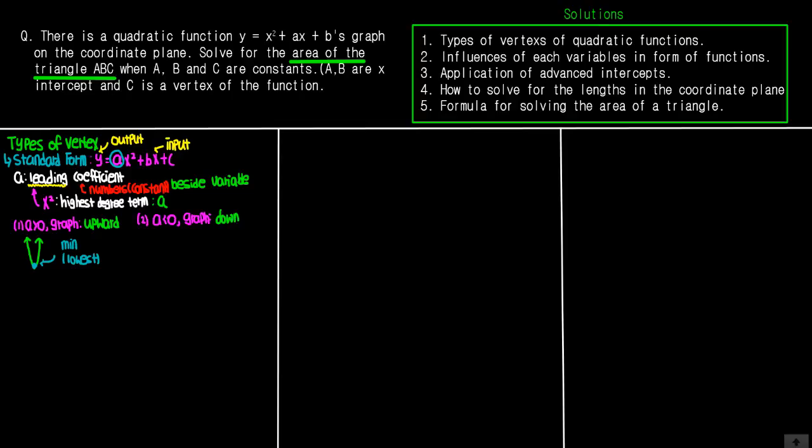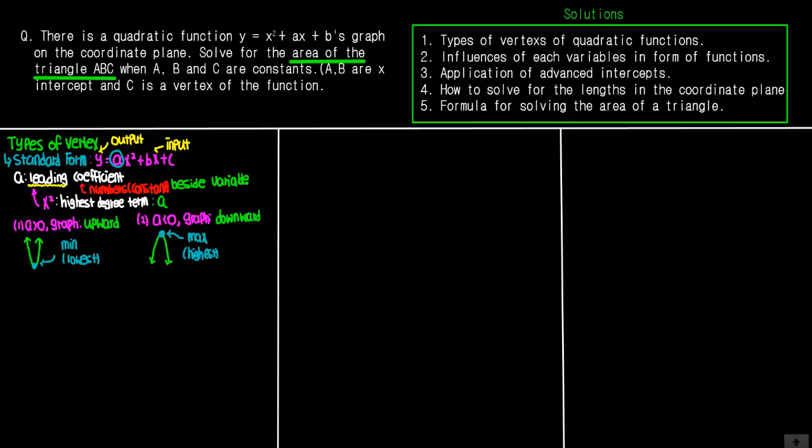When the graph opens downward, for example, it will look something like this, and it keeps going downward. But then we have another most important point in the quadratic function system, which we call the maximum, or the highest point. And this all occurs by the sign of our a value.